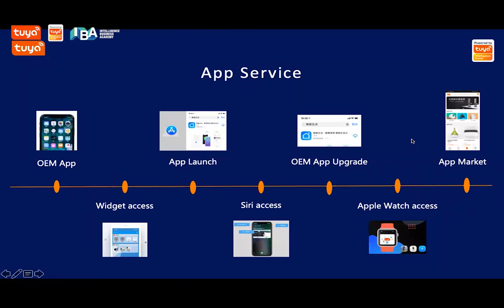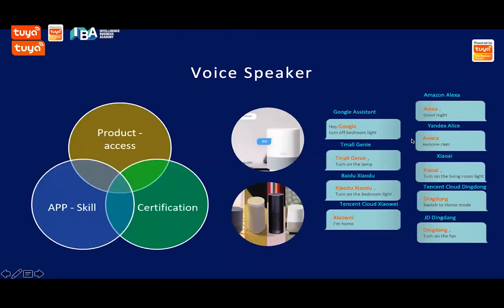As I showed before, that for app, we have value-added services like App Market, Widget, Siri, App Watch. And also, I want to show you something about the voice speakers. Currently, on Tuya IoT platform, we have 9 voice speakers. And Tuya can provide services on product access, certification, and app skills.